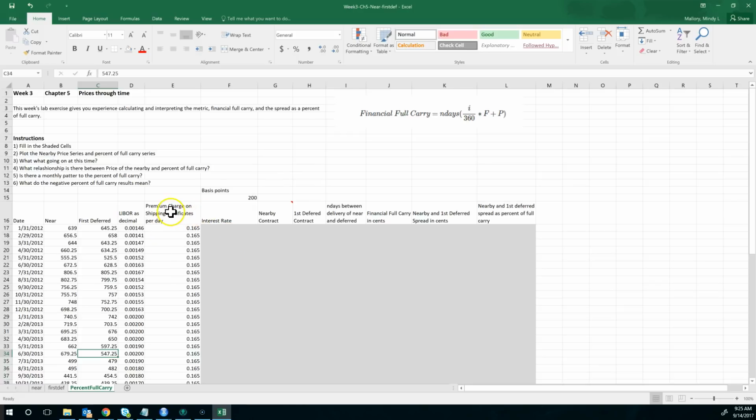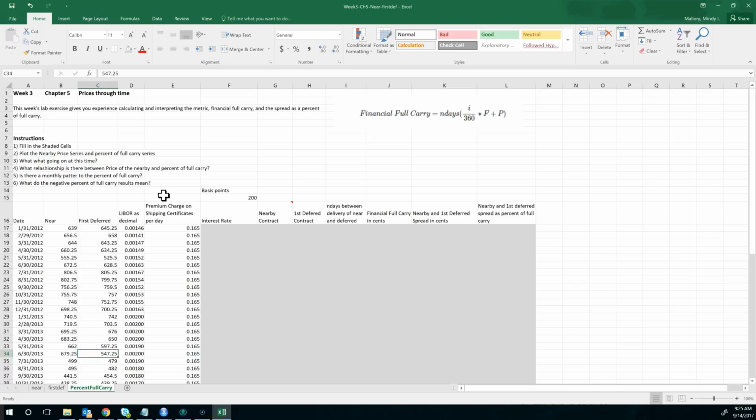First, let's talk about this column E for a second, the premium charge on shipping certificates per day. This is the standard assumption for the premium charges on shipping certificates that serve as the deliverable instrument for grain futures contracts on the Chicago Mercantile Exchange.